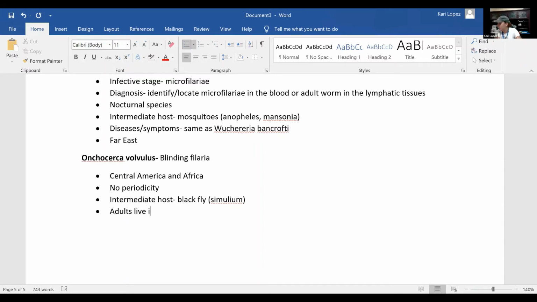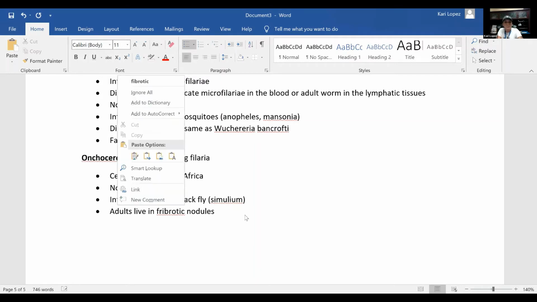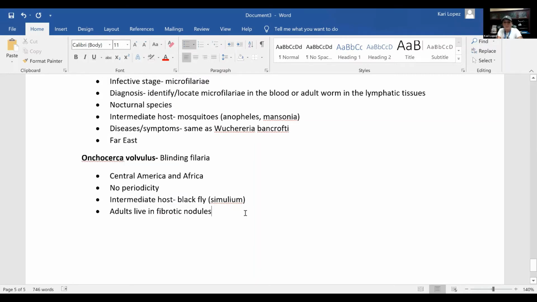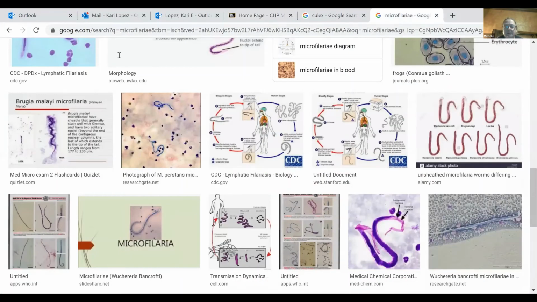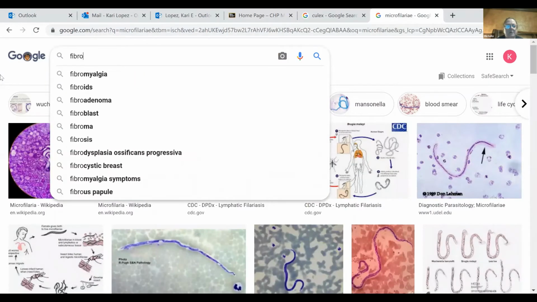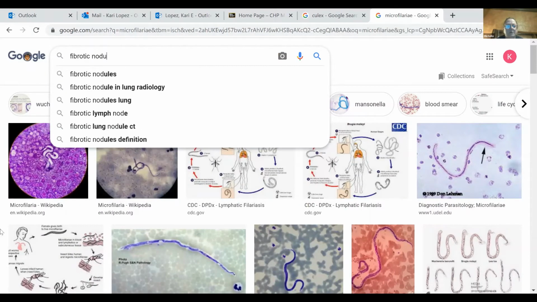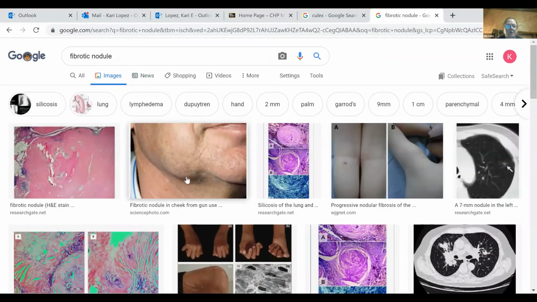They live in the fibrotic nodules. What is a fibrotic nodule? Oh, like in your limbs?